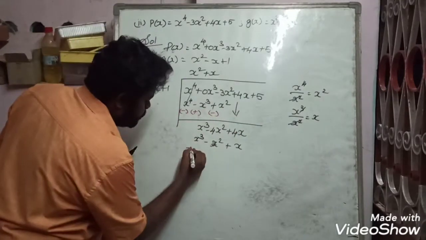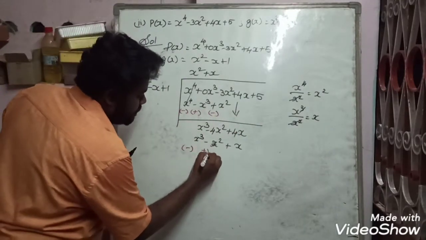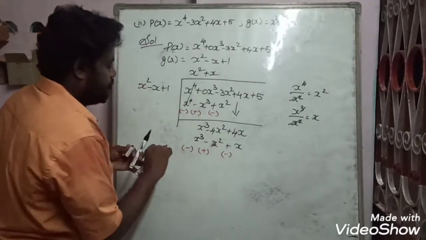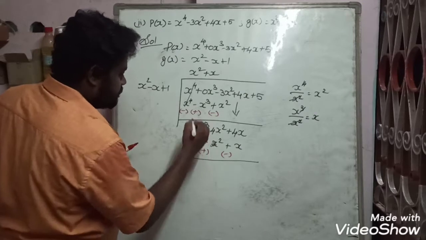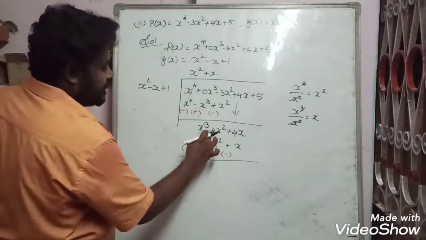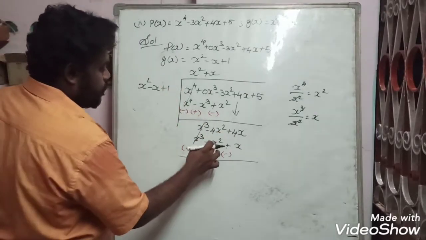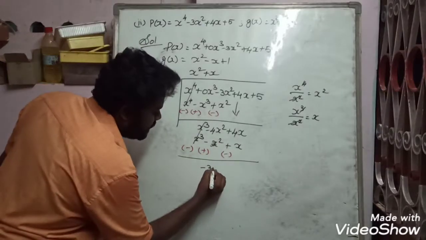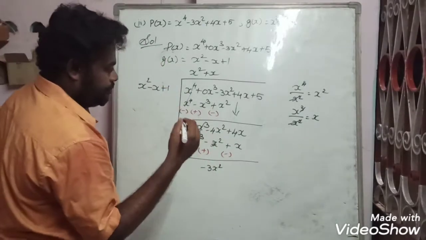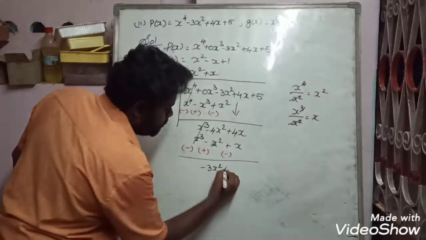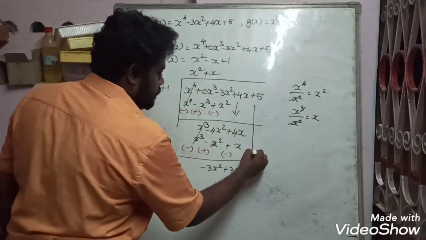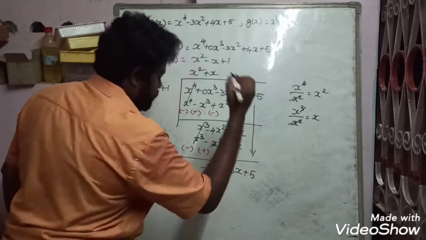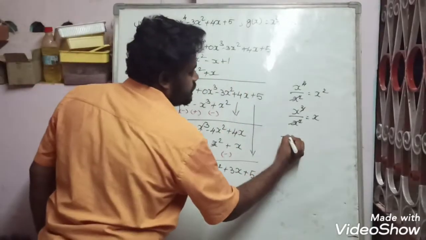Again plus 1 becomes minus, minus becomes plus, and then plus 1 becomes minus. Same variable with a different symbol will cancel. Minus 4x square plus 1x square, we get minus 3x square. And then plus 3x, the third term, plus 5.